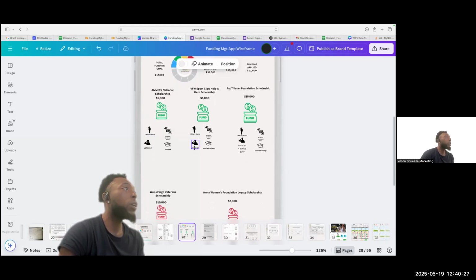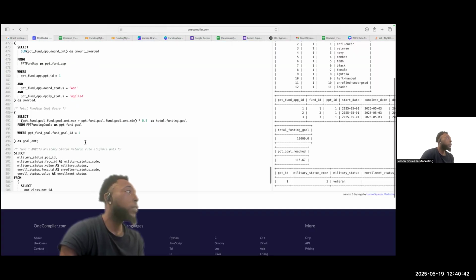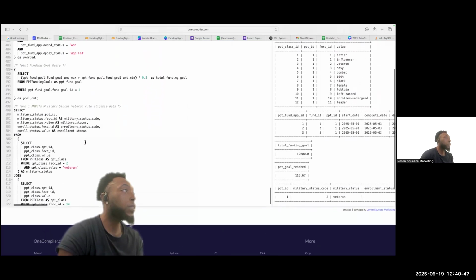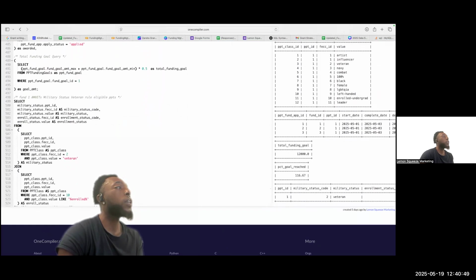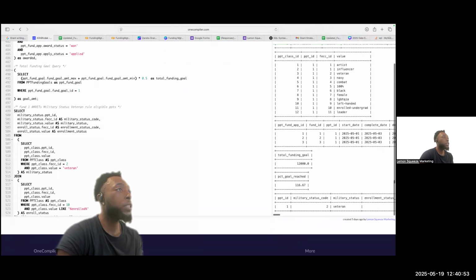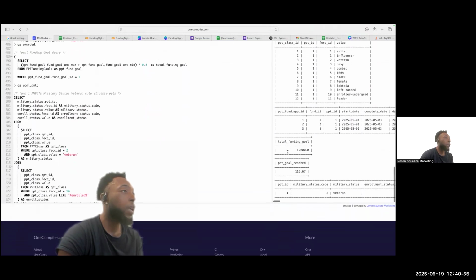If we were to create a query that would pull participants that qualify for this particular scholarship, what would that look like? Let's go over to our SQL. This is the query that we've come up with so far. It has two subqueries. This is creating a subquery for each one of the rules that a participant must qualify for.